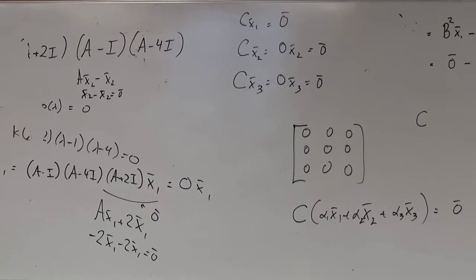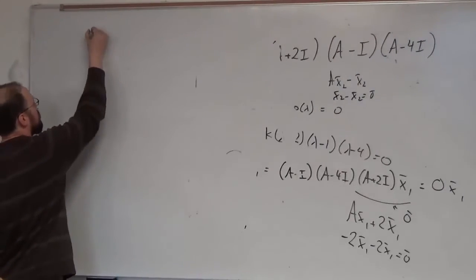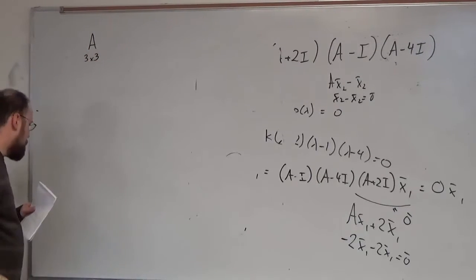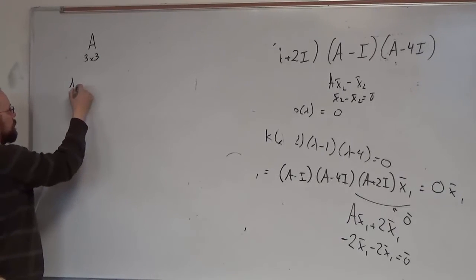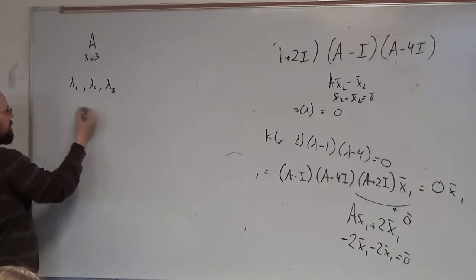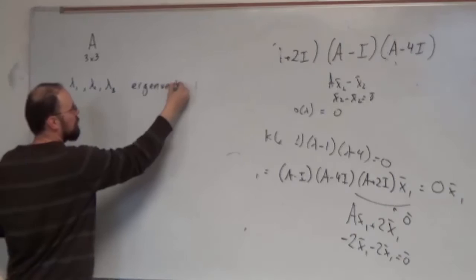So let's, for the sake of illustration, suppose we're working with 3 by 3 matrices. And we have eigenvalues, lambda 1, lambda 2, lambda 3. And then we have eigenvectors, and for now assume they're distinct.